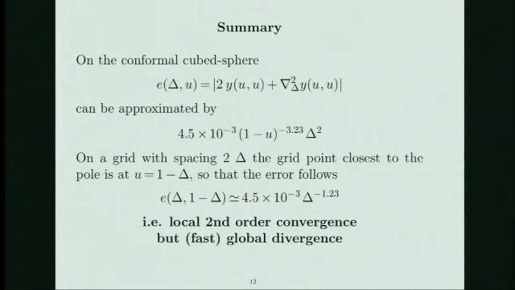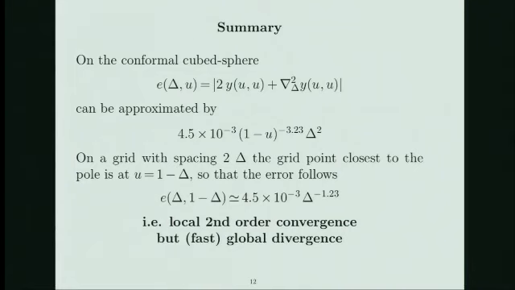What you get is that the maximum error on your patch diverges like delta to the minus 1.23. So you have local second order convergence, but global divergence of your Laplacian operator.